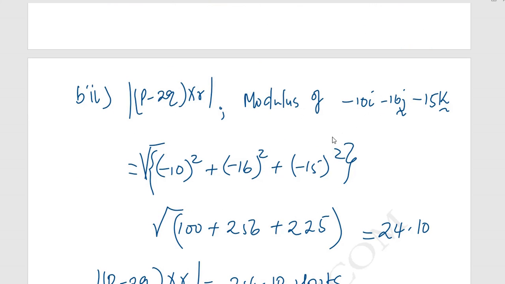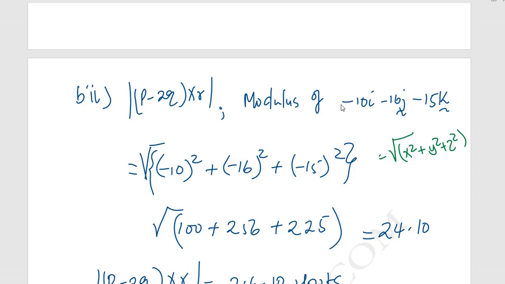Its modulus will always be the square root of the x component squared plus the y component squared plus the z component squared, if it is a three-dimensional vector. If it is a two-dimensional vector, then there will be x squared plus y squared under root.